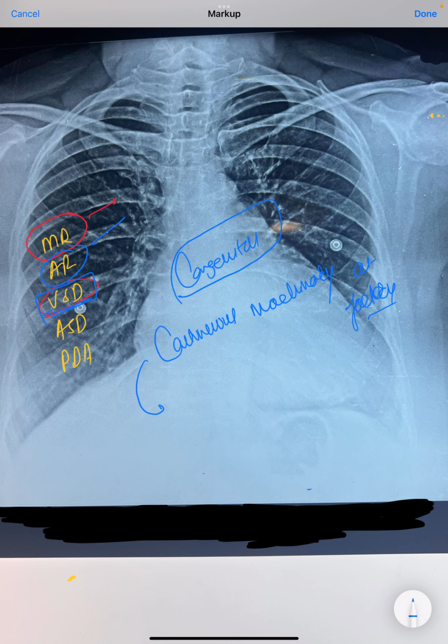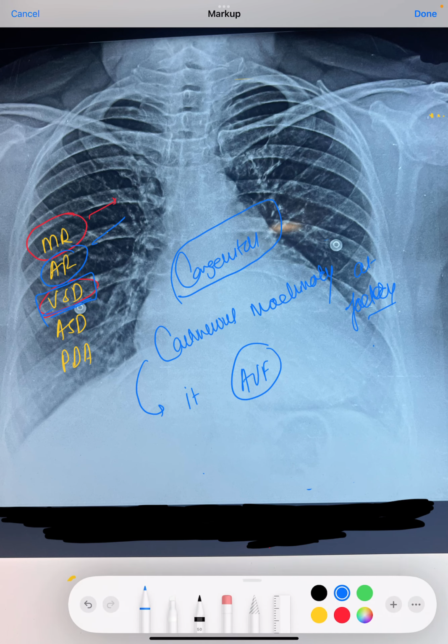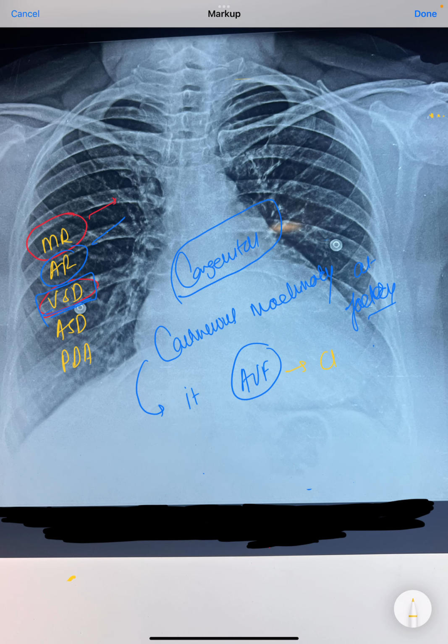If you want to compare it, it is just like an arteriovenous fistula that very commonly we see in CKD patients. You can simply put your stethoscope on the arteriovenous fistula in any CKD patient who is on maintenance hemodialysis. That is the typical continuous machinery murmur that is very typically seen in patent ductus arteriosus.